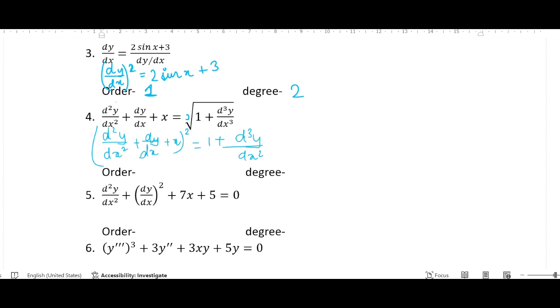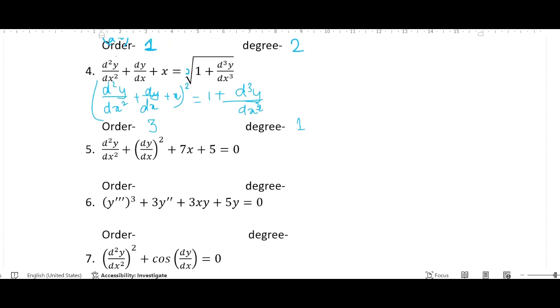The highest power will be square in all these three cases. But now if you see, there is a third differential over here. So that means this term and this term are not significant. This third differential is very important. So the order becomes 3 because of the third differential, and the degree becomes 1. Why? Because this is raised to 1.